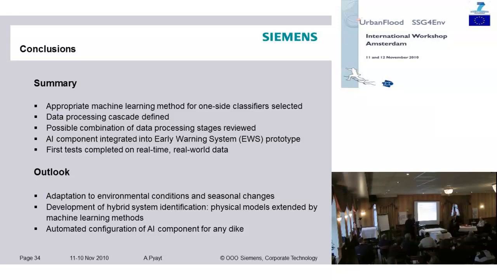But the step that we have to make yet is that we are teaching the system what's normal behavior in circumstances like this, but also what's normal behavior when we have a storm going on. And that's what Alexander said, that we need to have the environmental conditions.